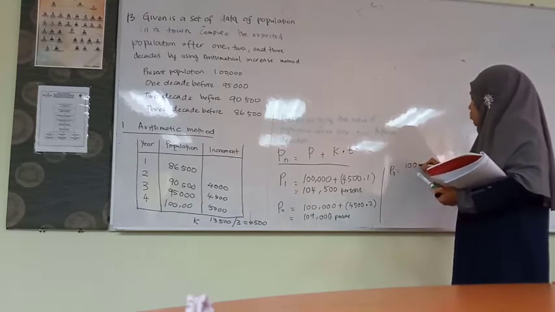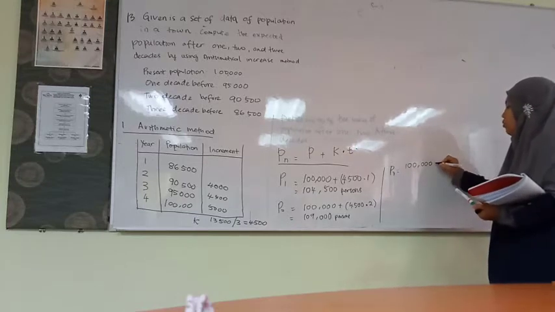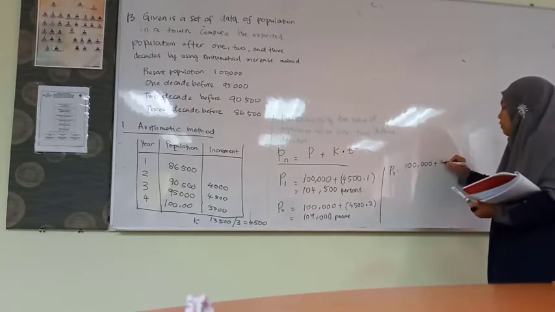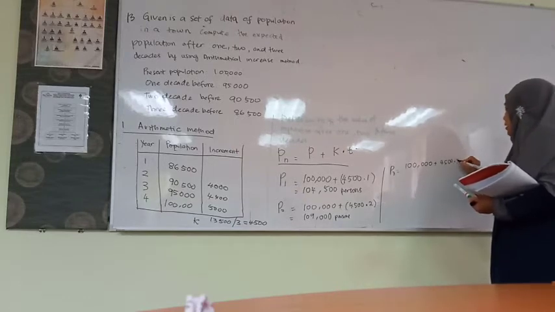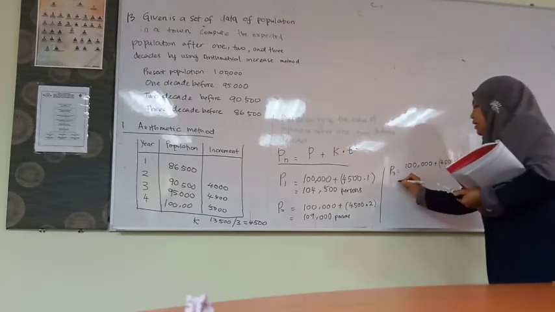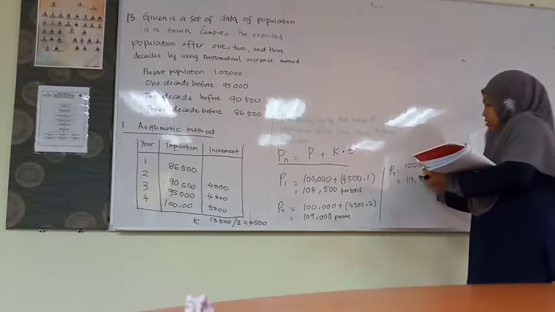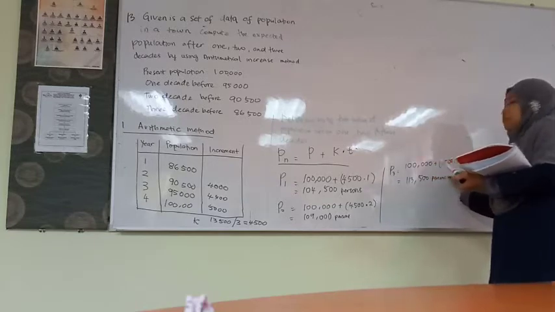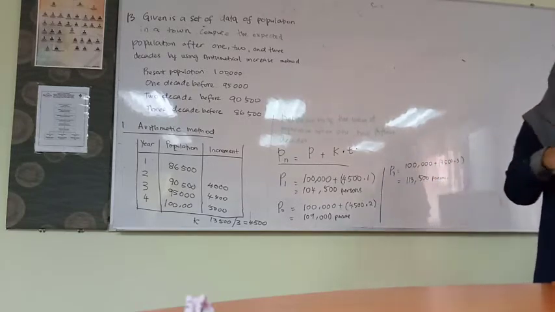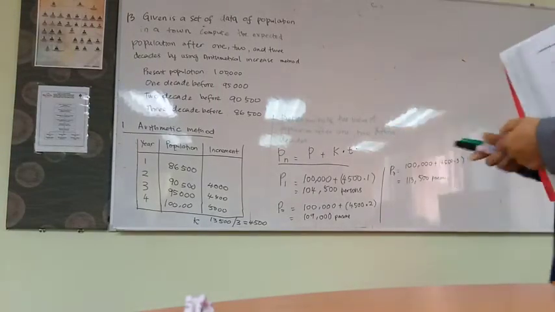Still use 100,000 as your initial population value plus 4,500 multiplied by 3 decades, and you get 113,500 persons. So complete your answer for the arithmetic incremental growth method.